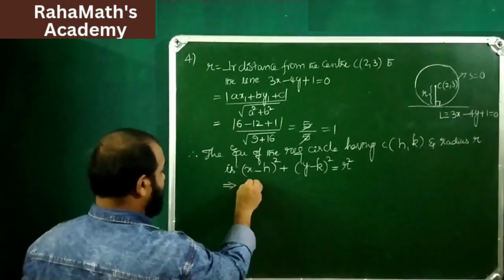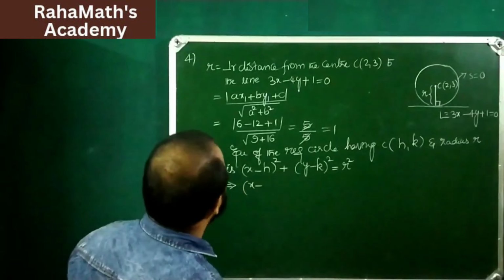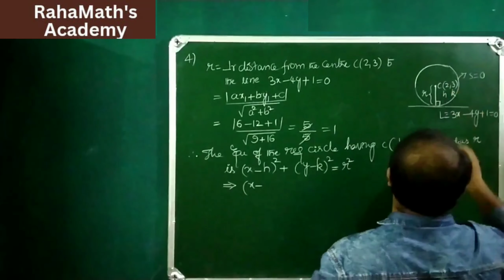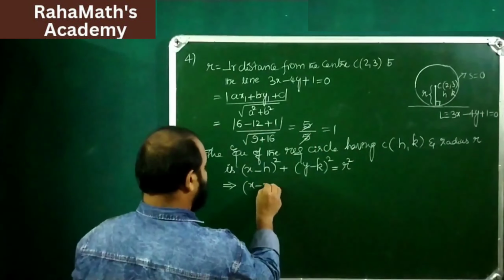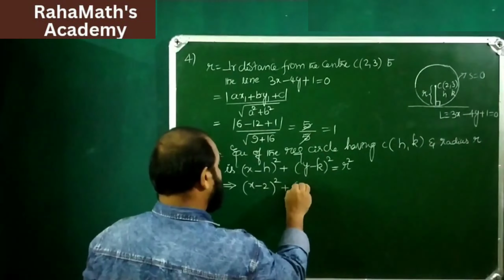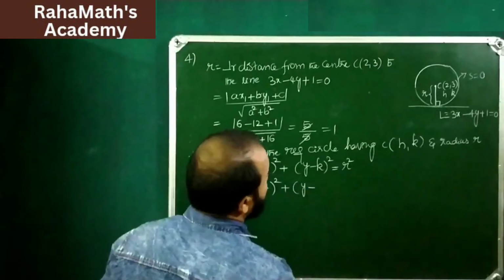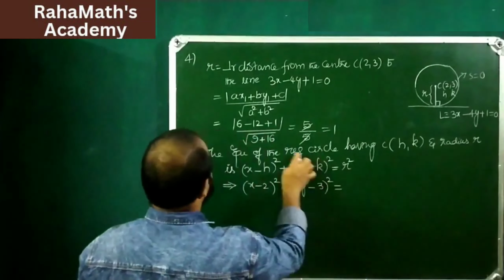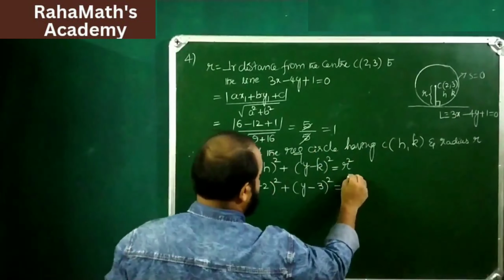That implies, x minus h value, this is h and this is k: (x minus 2) whole square plus (y minus 3) whole square is equal to radius 1 square.